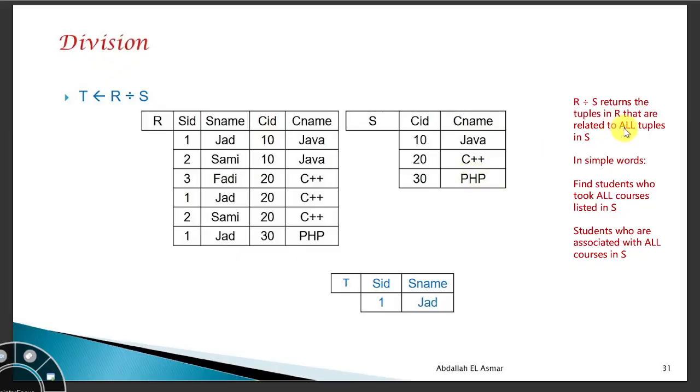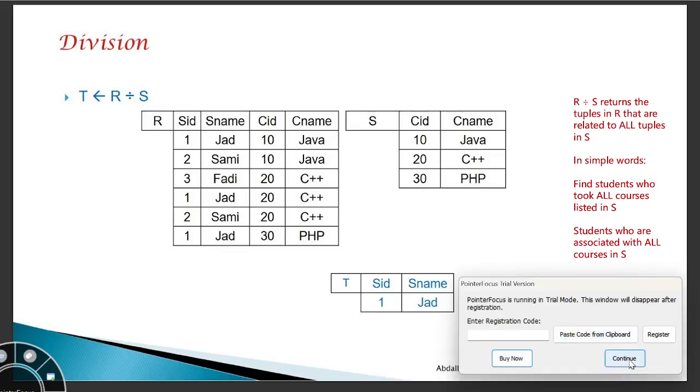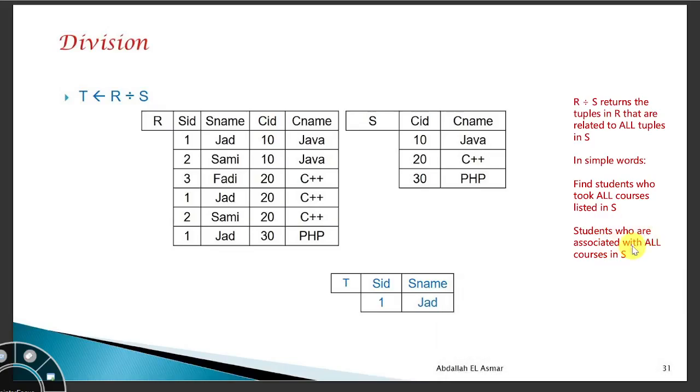It should relate to all tuples in S. So find the students who took all courses listed in S. So it means that they are related to all lines. So students who are associated with all courses in S.